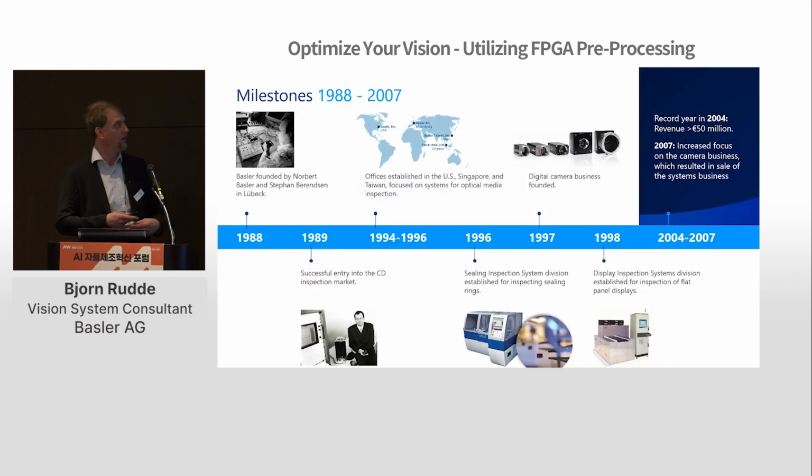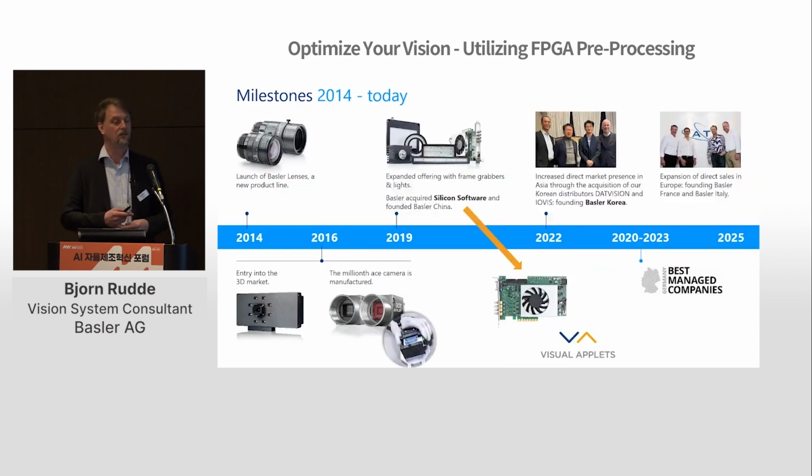So when we look far back in time, we see Basler was founded in 1988. And then in 1997, it became a camera manufacturer, while it was already serving the market like the digital display inspection. Then in 2019, one part was acquired, that was Silicon Software, already having a lot of experience in FPGA pre-processing and using VisualApplets as a product for this.